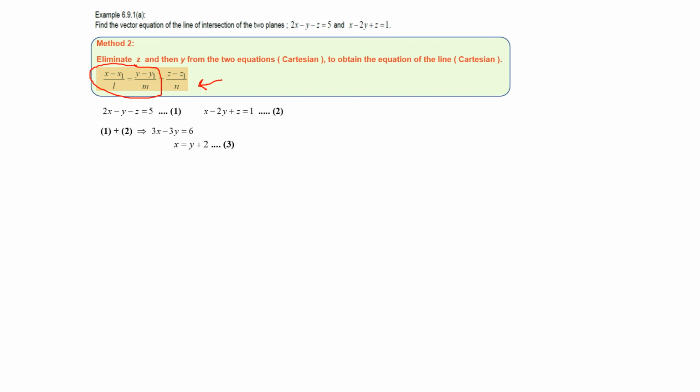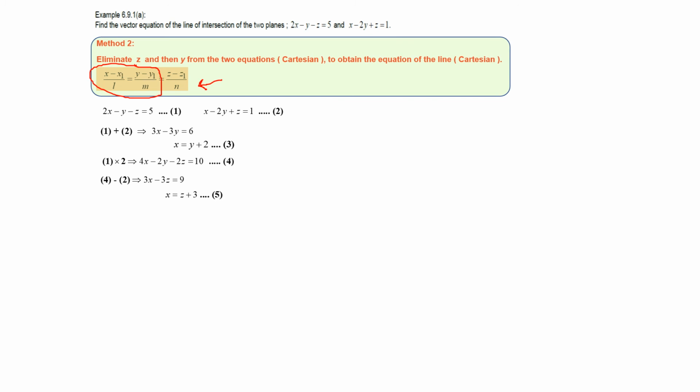So you need another one, between x and z, or y and z. Let's say I want to eliminate y now. Look at equations 1 and 2 again. We multiply equation 1 by 2 first, and then look at equations 4 and 2. We can eliminate y. So this is the equation that relates x and z.